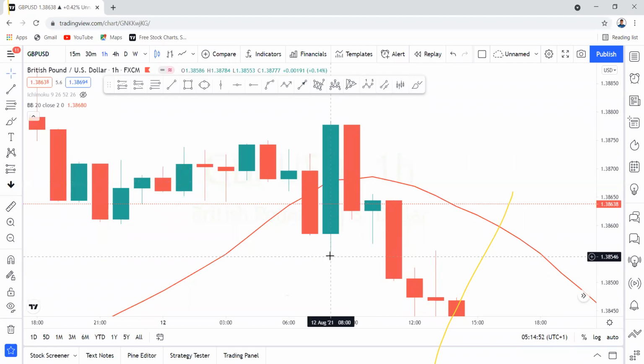Below it, you're seeing some legs. We call them the wicks or the shadows of the candle. This indicates the low of the candle, and the low right here is 1.38554. What is the low? The low is the lowest price the candle was able to hit within the market session.